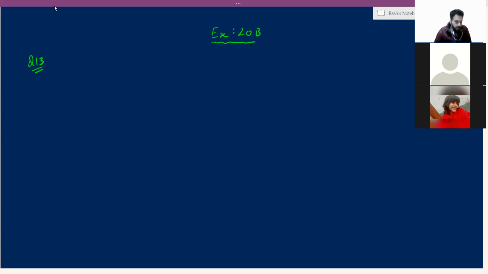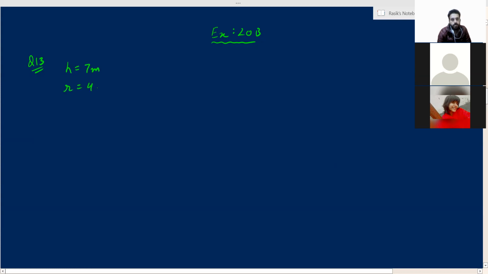Sir, the radius in meters will be 0.56 meter square. Sorry, how much? Sir, 10.56 meters. The height of the pillar is given in meters, 7 meters. The diameter is given as 48 centimeters, so it will be 0.48 meters.